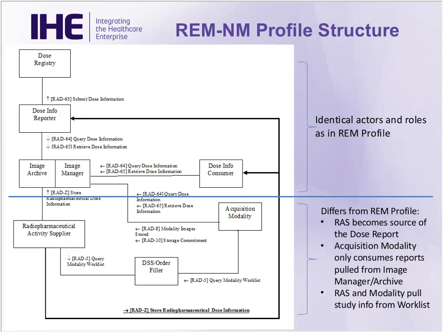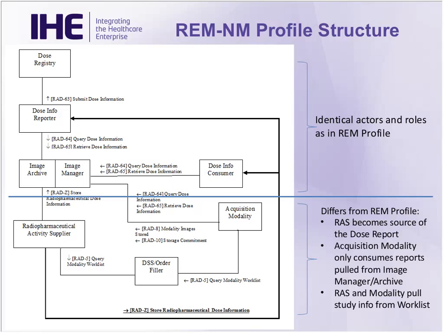Because we now have these two separate actors, we needed to tie them together in order to have these reports be tied to the same work list entries, using the same accession numbers and such. So we have the DSS Order Filler actor shown here, and both the RAS and the modality can draw the information about the study, the accession number, et cetera, from the work list entries.